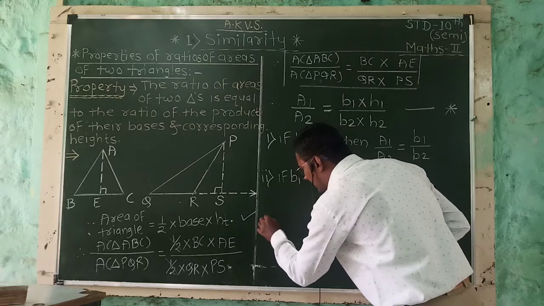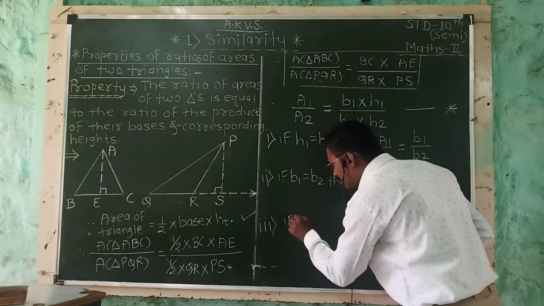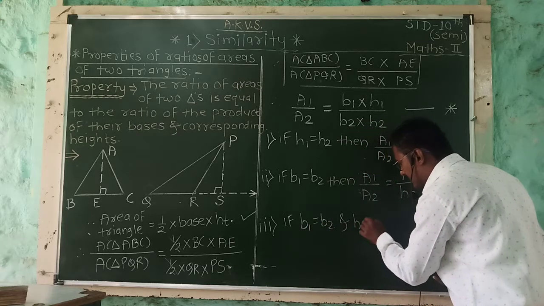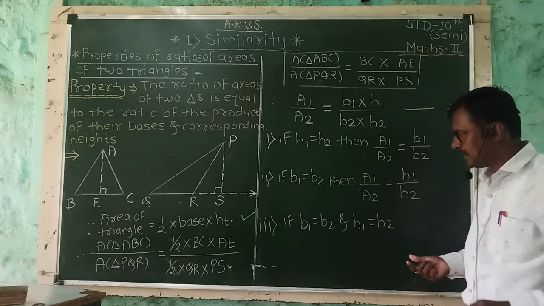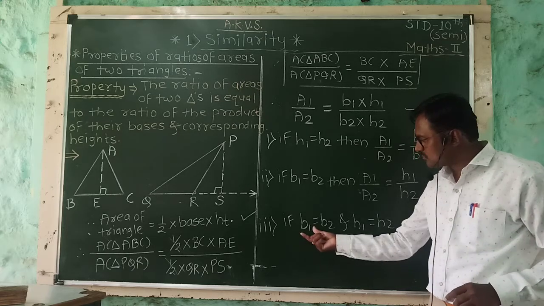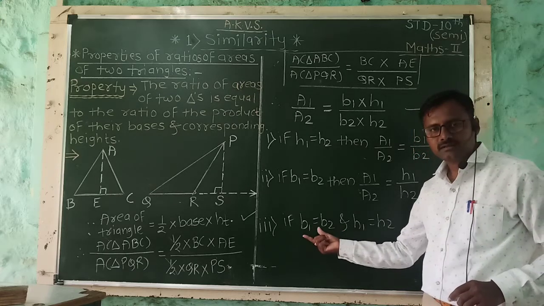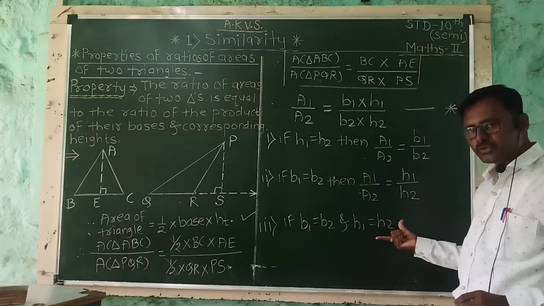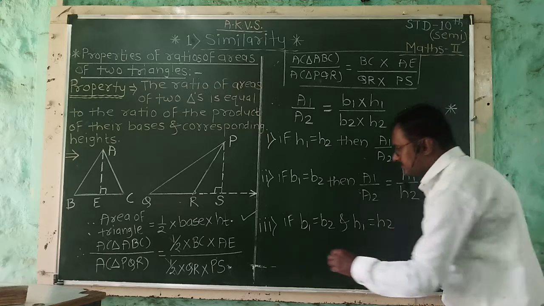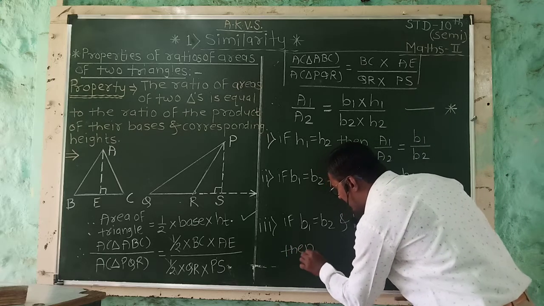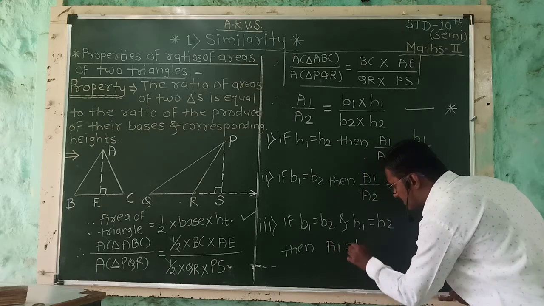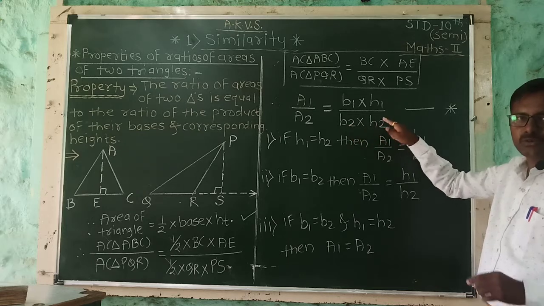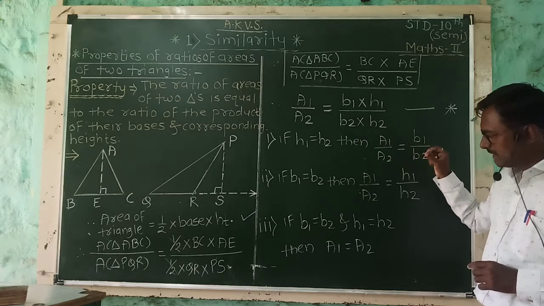Third case: if B1 is equal to B2 and H1 is equal to H2, it means both triangles have bases of equal length and the same height, then you have A1 is equal to A2 because the numerator and denominator terms get cancelled in simplification.